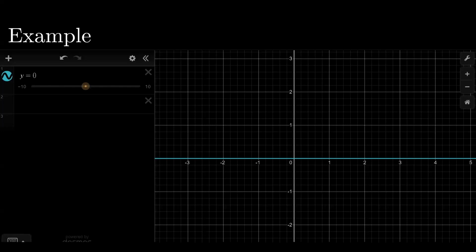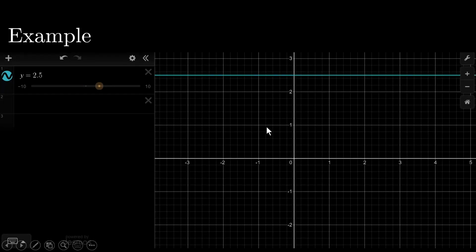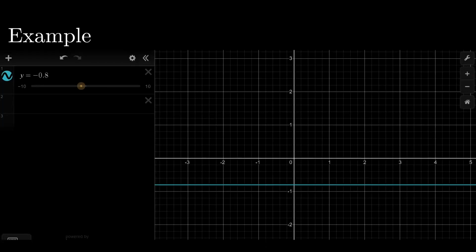This subgroup just behaves like the real line, but we're offsetting it by either a positive or negative number. And so these offsets of the real line are the cosets. So this would be the subset which is the real line minus 0.8, and this would be the subset that is the real line plus 2.5. Okay, does that make any sense?